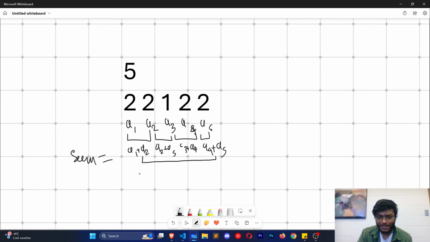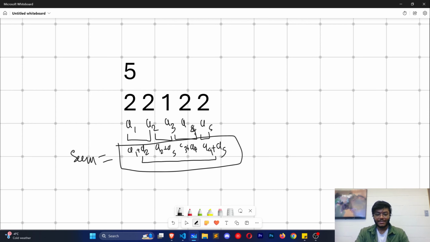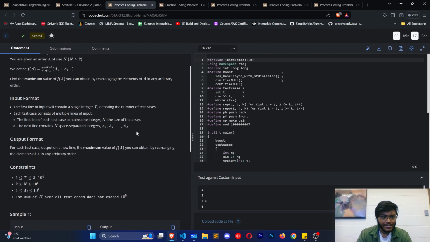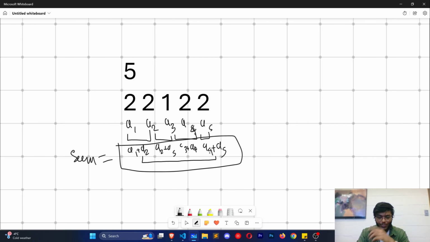And we have to maximize this, right? So if we keep the minimum value in the endpoints, that would maximize the overall value, because we want to calculate all the bigger values two times and the smallest values one time.